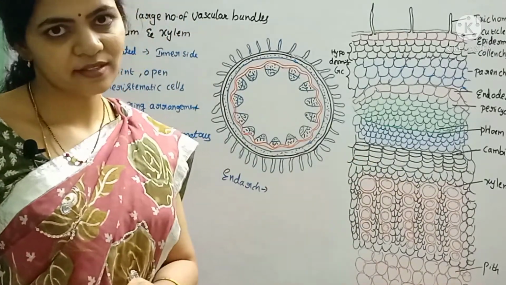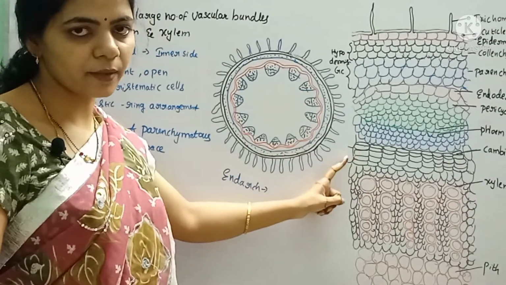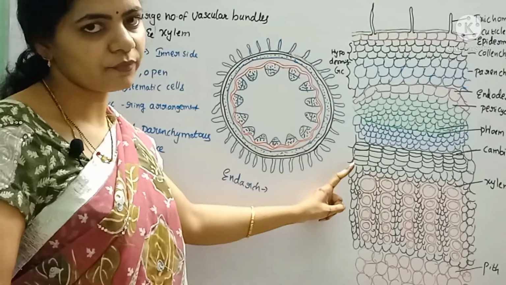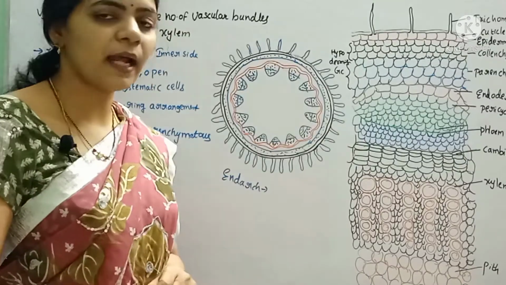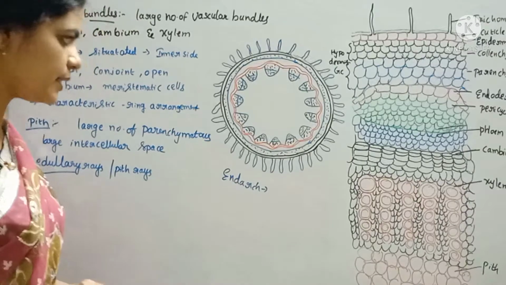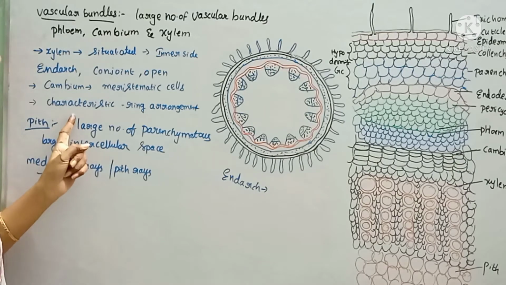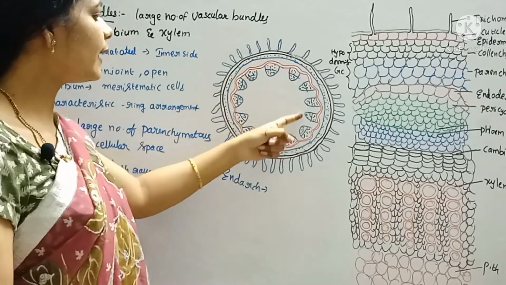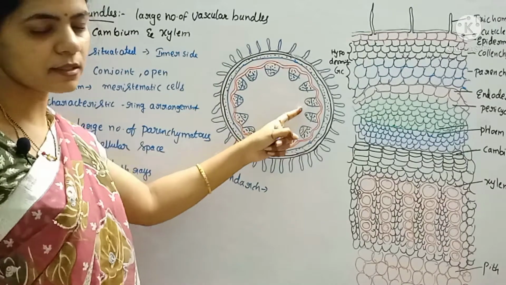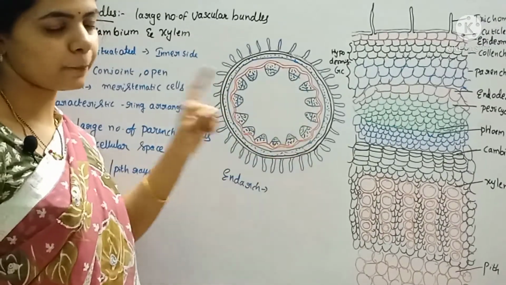This cambium allows the secondary growth of the plant. That means these vascular bundles are open for secondary growth. Hence, they are called open type of vascular bundles. The characteristic feature of this dicot stem is that they exhibit a ring-like arrangement of vascular bundles.